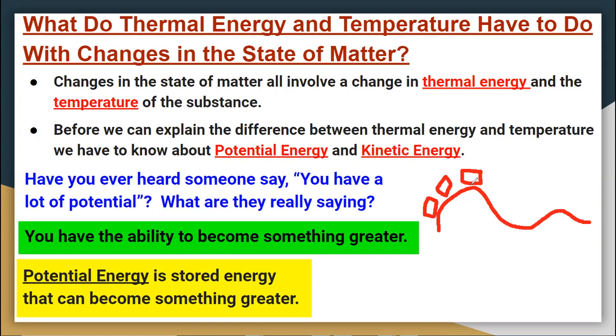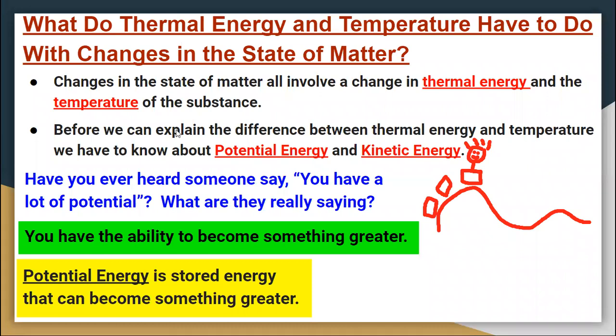So that's stored energy. It's just waiting to release that energy to go down that hill super fast. So I'll put myself in there because I like roller coasters. And here I am. I'm usually not smiling. I'm usually screaming, but that's okay. And my hair is probably standing on end. So anyways, there's potential energy.